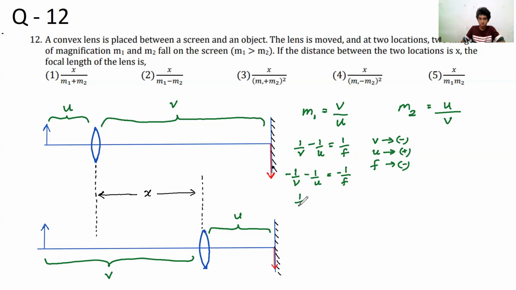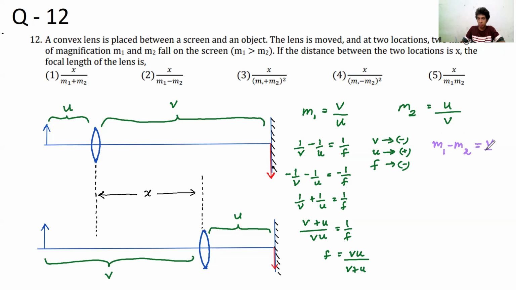So therefore 1 over v plus 1 over u equals 1 over f. So next, (v plus u) over vu equals 1 over f, and f will be equal to vu over (v plus u). Now let's subtract m2 from m1.